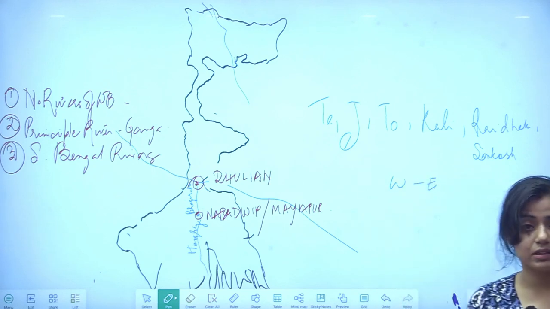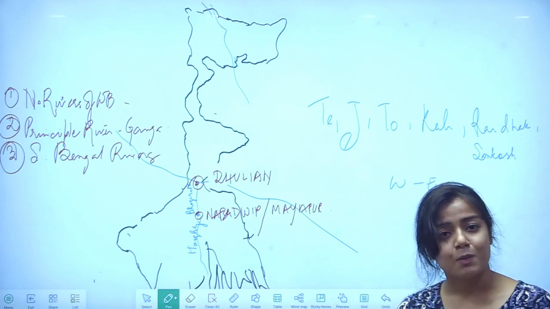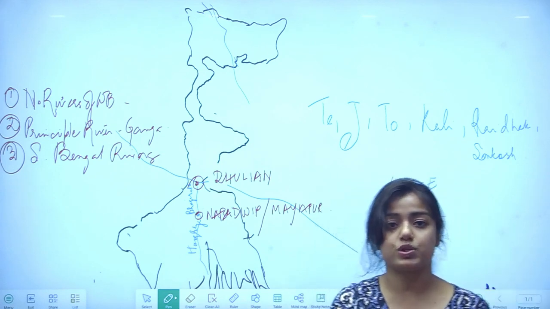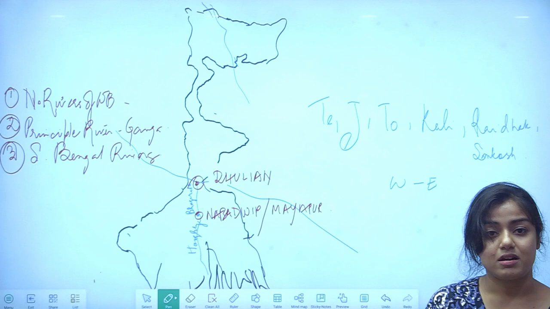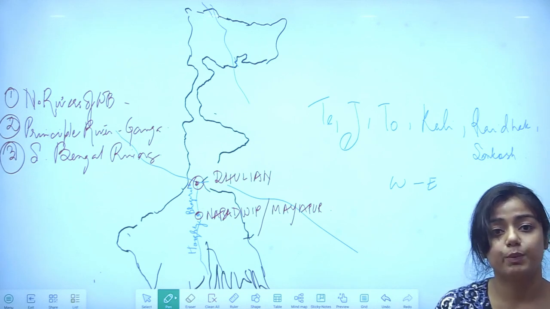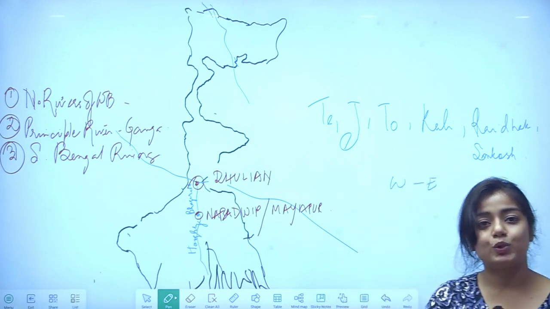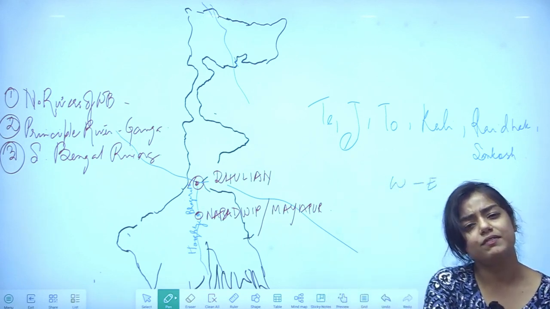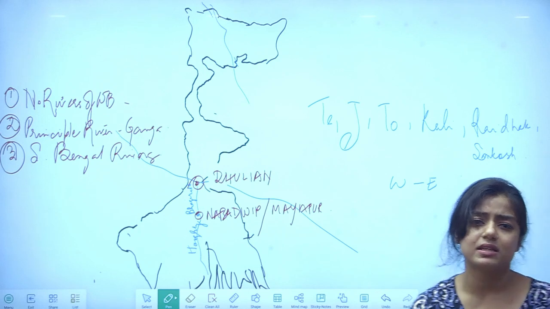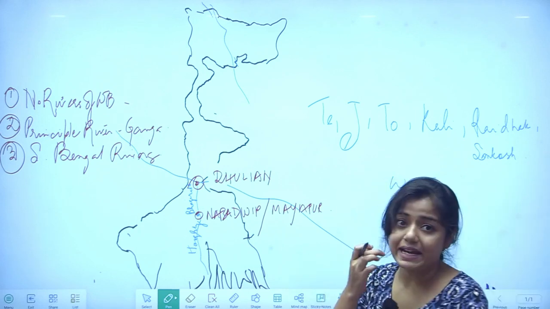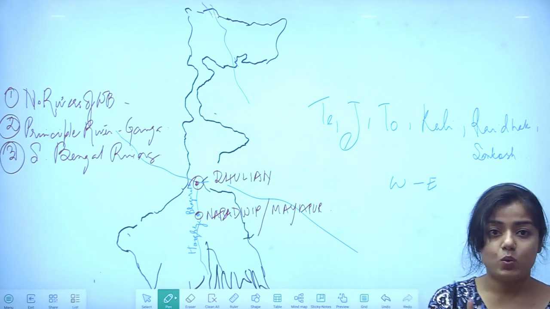Then the important rivers are Mechi and Balason as well. Balason is a tributary of Mechi. And the other important rivers are Punarbhaba and Atrai. The lovely part of Atrai and Punarbhaba is that they are just like Mahananda, a trans-boundary river.